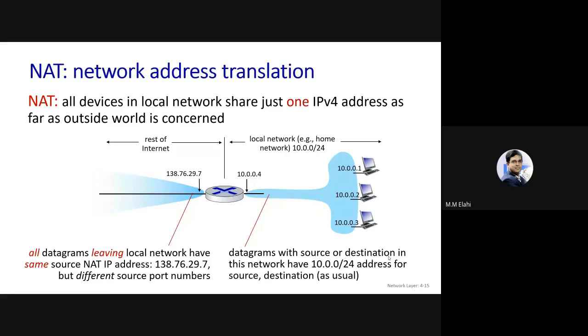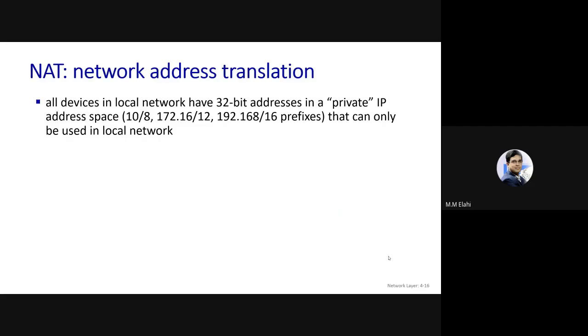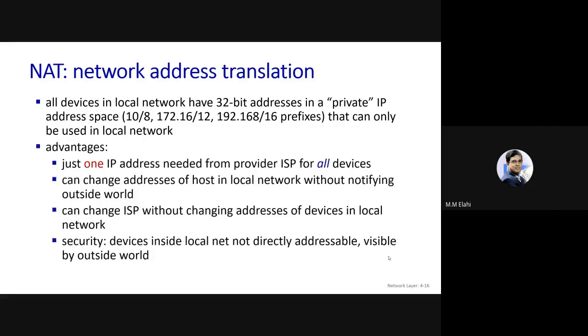Whenever any data goes through my router to the internet, if we implement NAT, it will convert the private IP to the public IP that we have configured earlier. That is the idea. This is already covered. So these are the advantages.